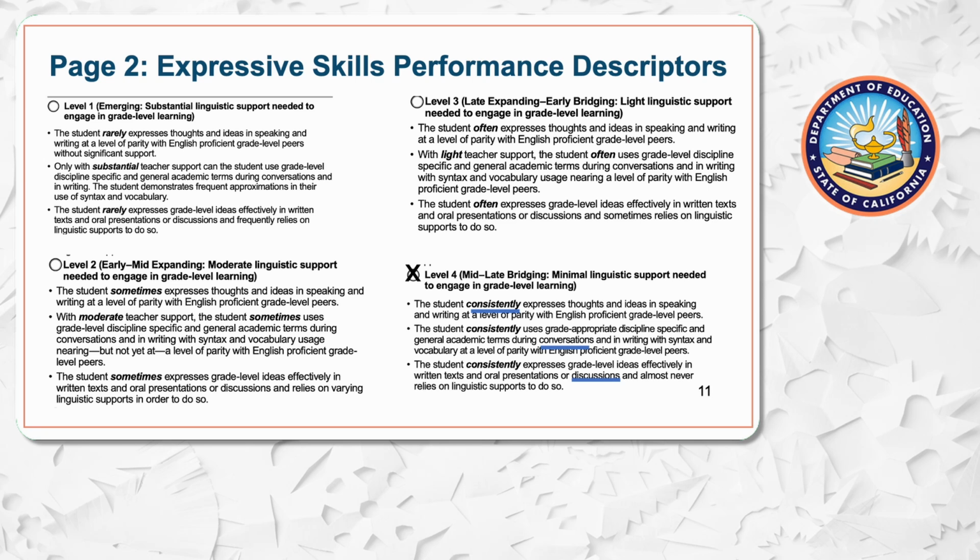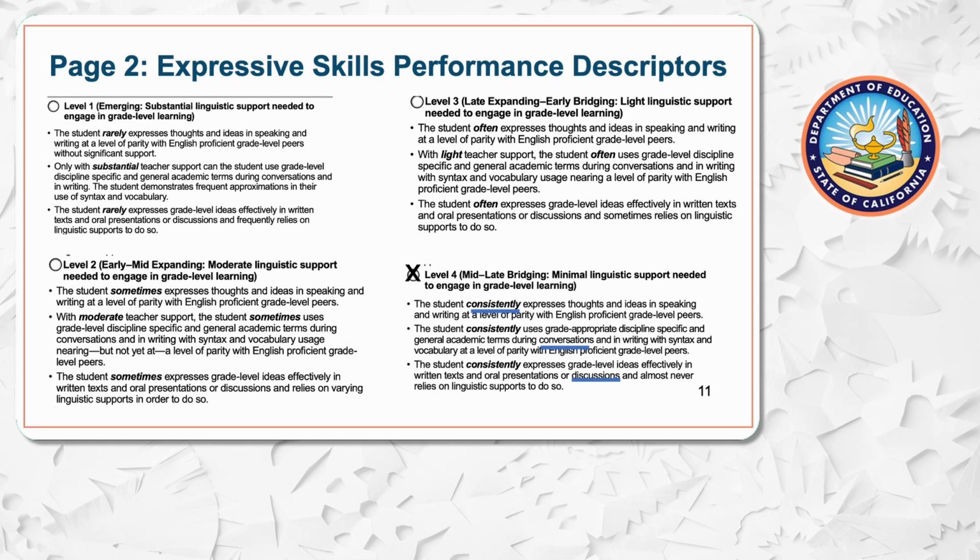However, I must also consider her writing. Now let's imagine this. Let's imagine that I noticed that when my student was provided with additional support during designated ELD, the opportunity to discuss her ideas and work collaboratively with a partner, her writing was close to or on par with what her English proficient peers would have produced.